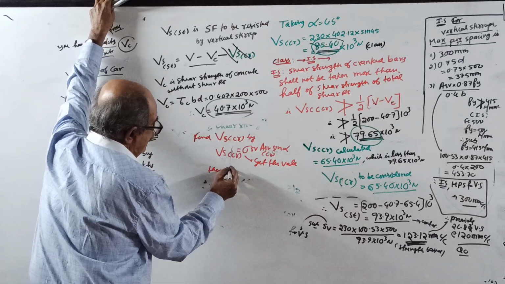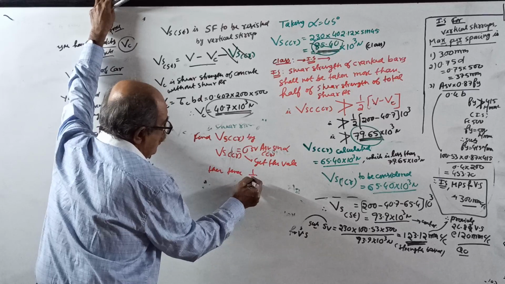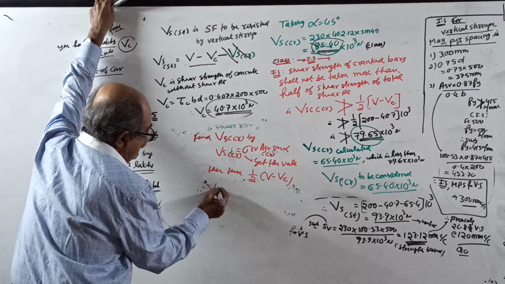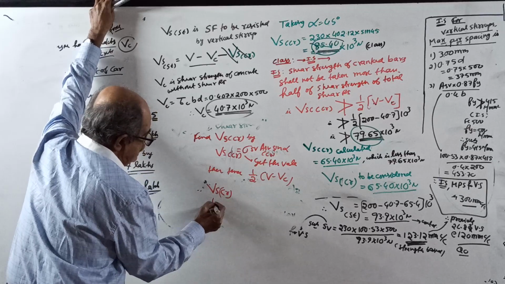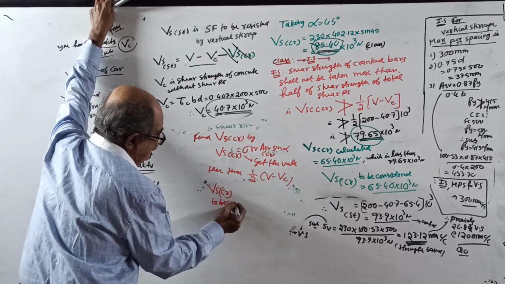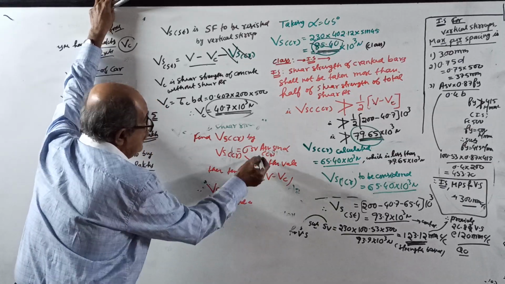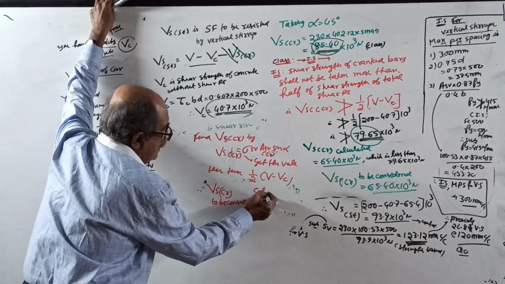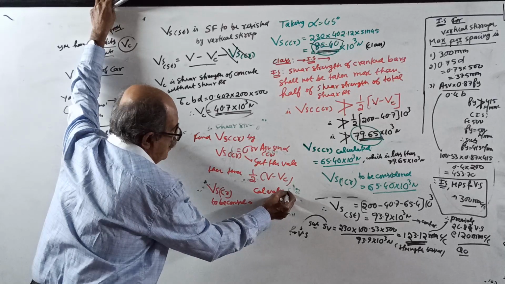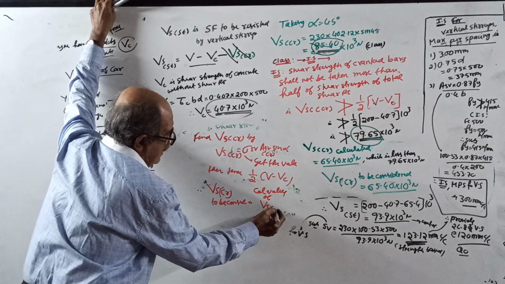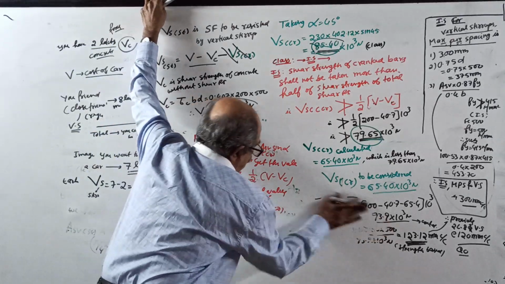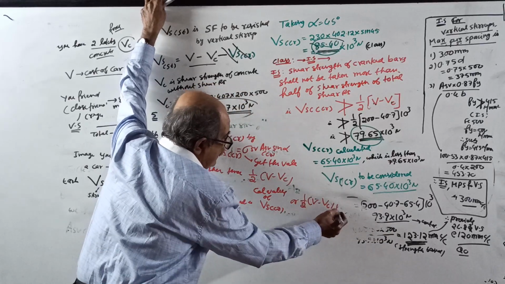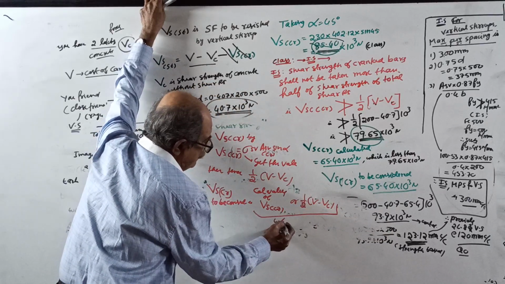Then find half of V minus VC. Then the VSCR to be considered is one of them, either the calculated value of VSCR or half of V minus VC, among the two, whichever is least.